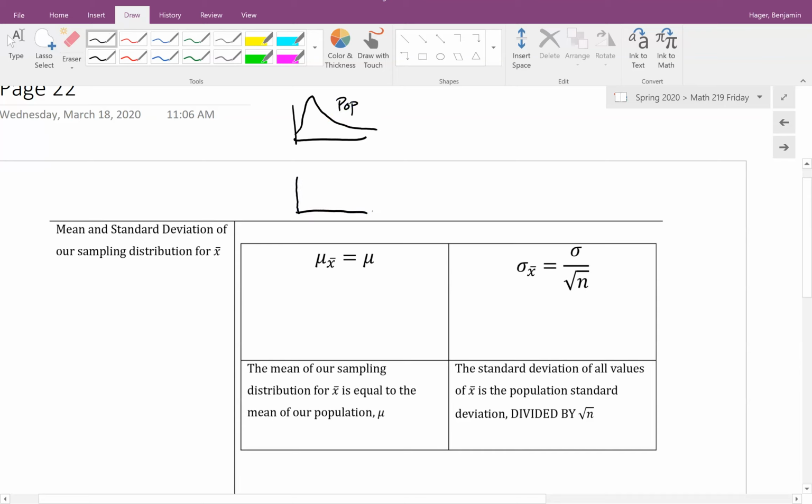When we looked at a sample and took the mean, and a sample and took the mean, and a sample and took the mean, we said, oh wait, that becomes sort of uniform and bell shape, normally distributed. And if we look at the mean of all of the sample means, that should be the mean of the population. It's definitely not how I drew it, but it should be the mean of the population.